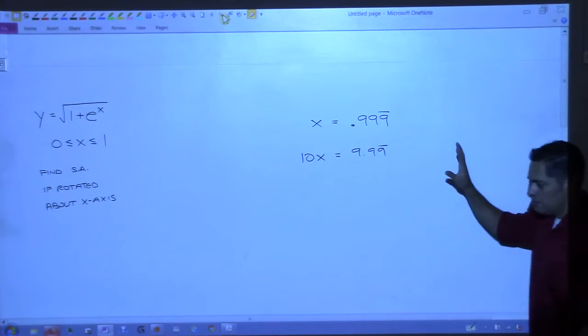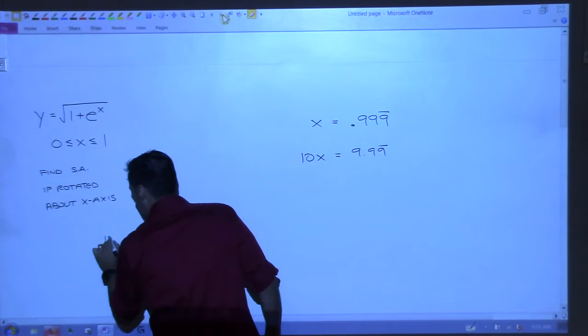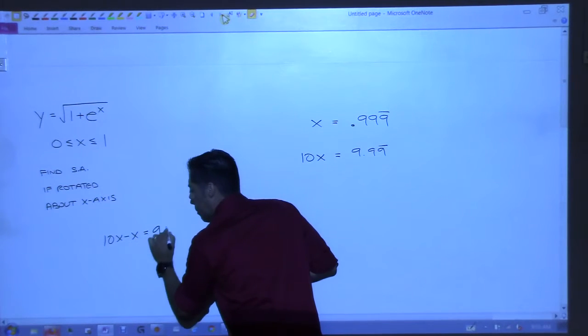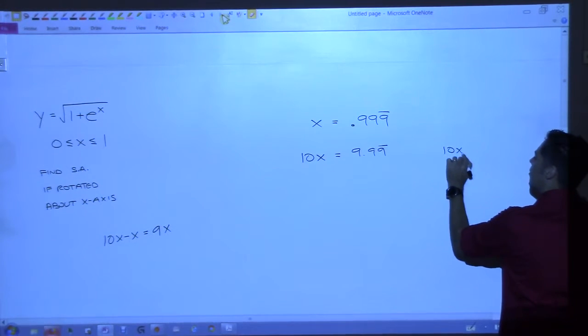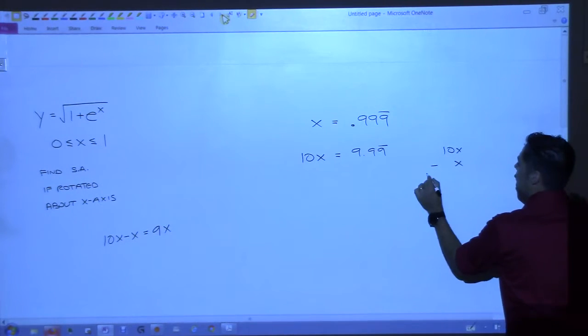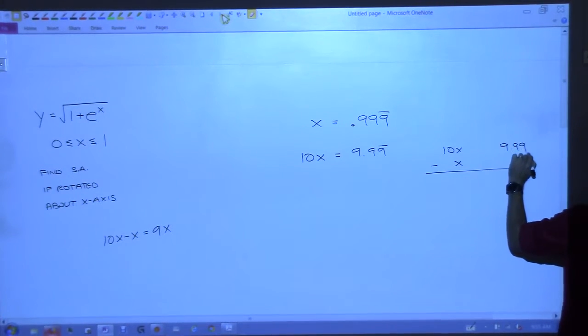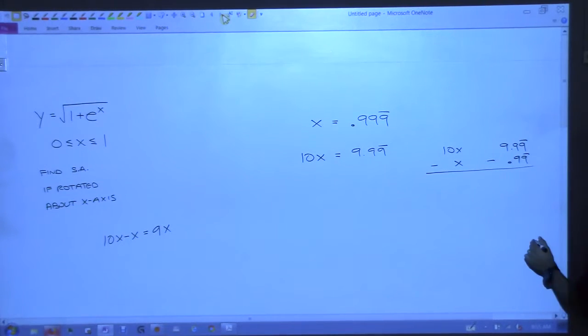Now, time out. We're back in basic algebra. What's 10x minus x? 9x, right? Everyone agree? Now I'd like us to do 10x minus x vertically. 10x is 9.99 forever. If I subtract x, which is 0.99 forever, you just get 9, because the tails of these kill each other off.